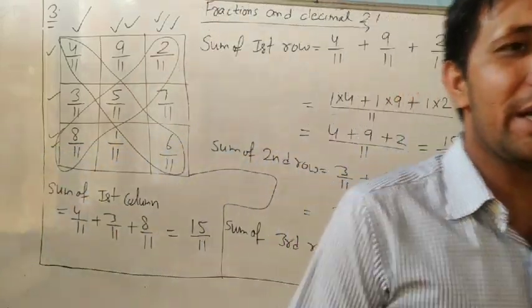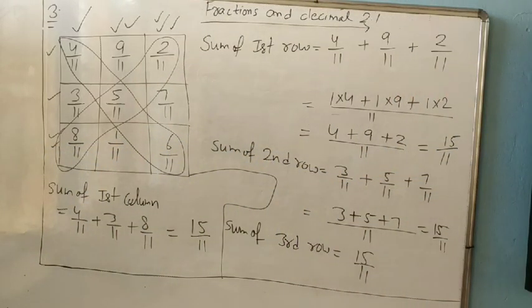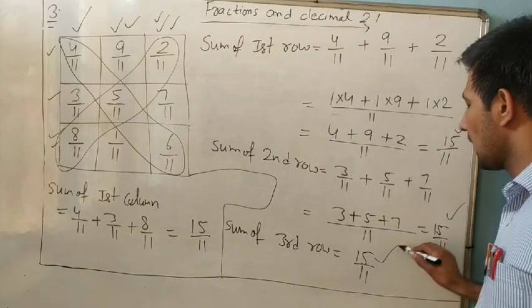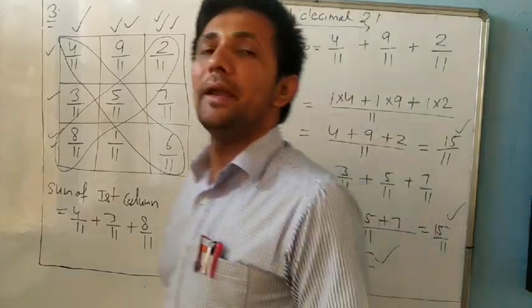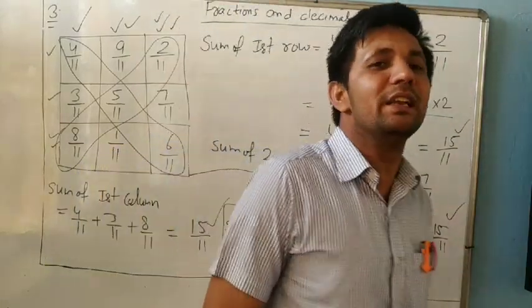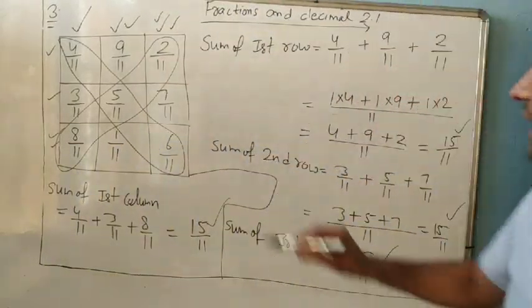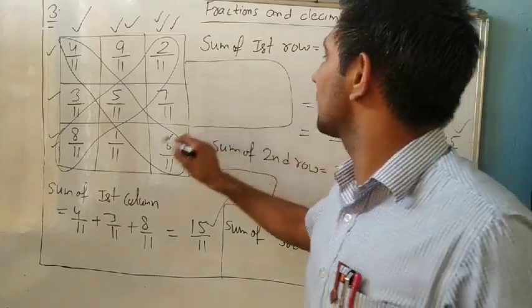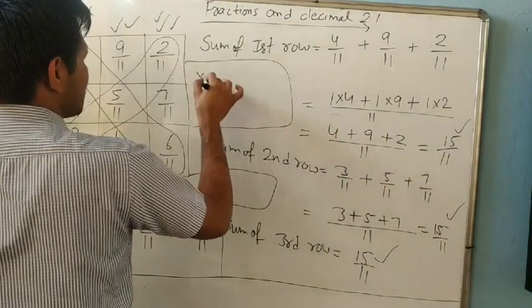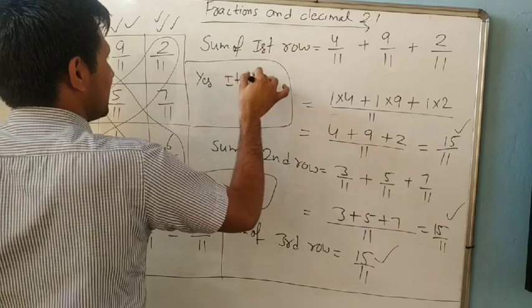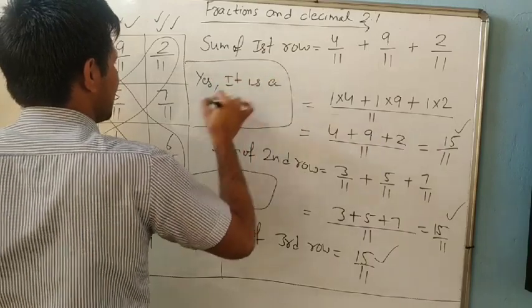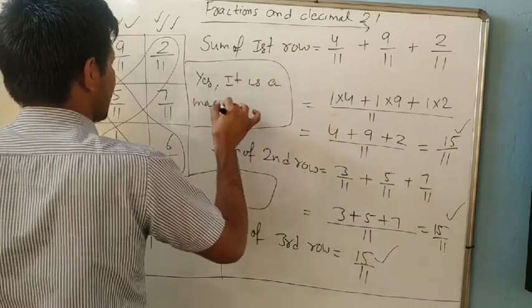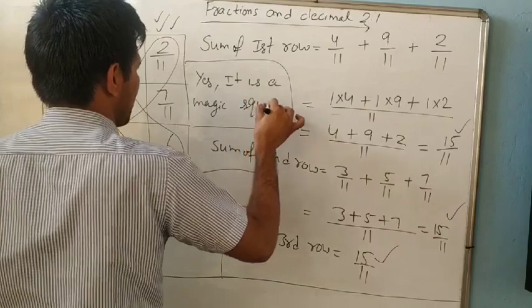So we observe that here the sum of each row and the sum of each column are all equal. If all are equal, it means it is a magic square. So in the last line you write: yes, it is a magic square.